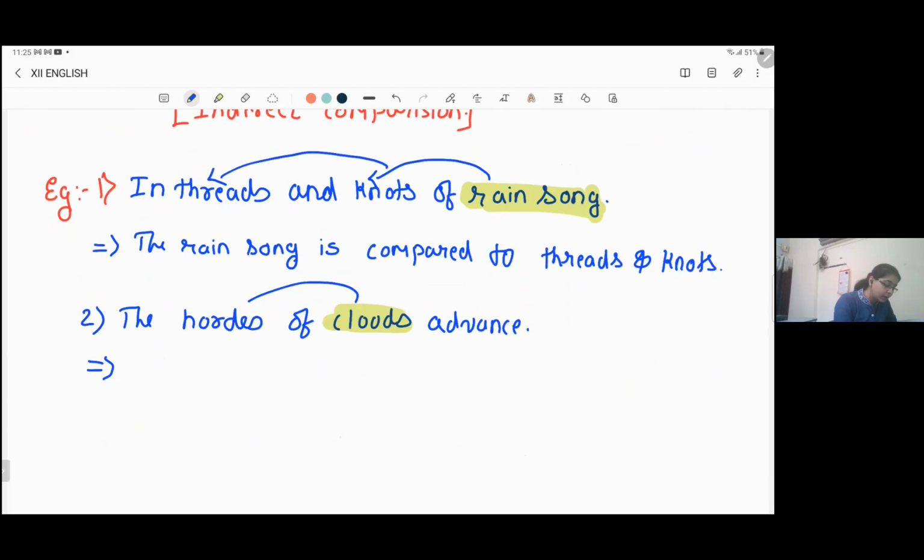Hordes means nothing but the army. Right?